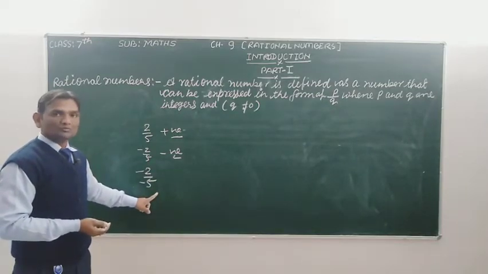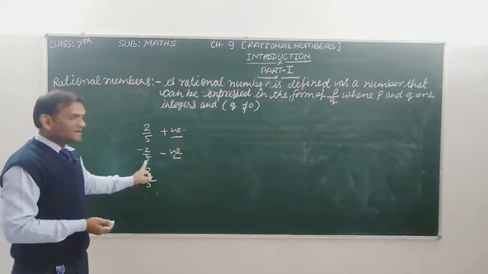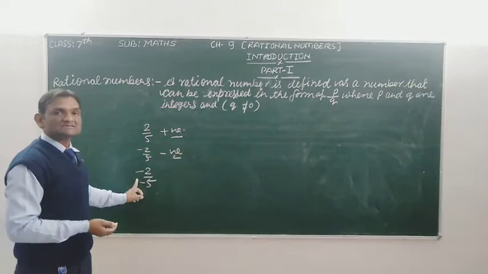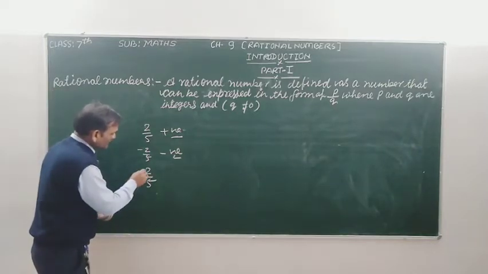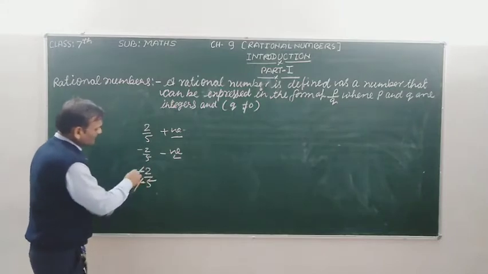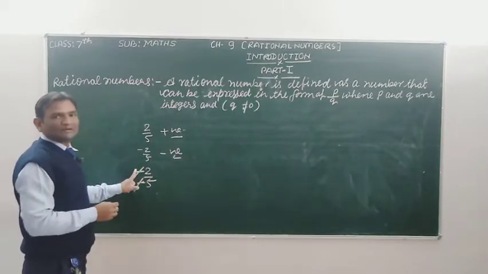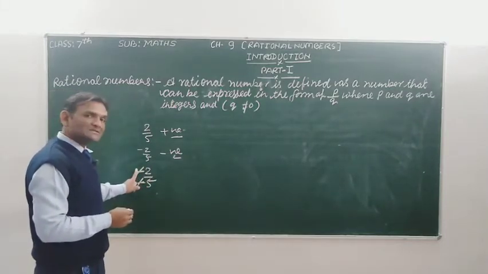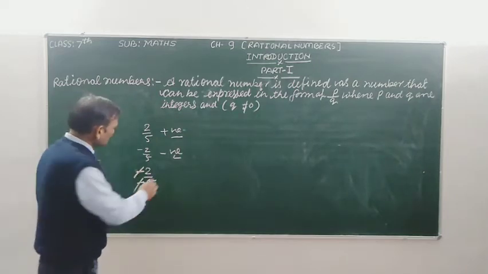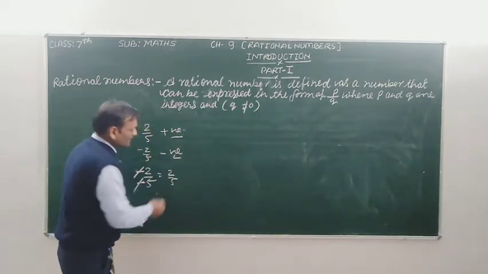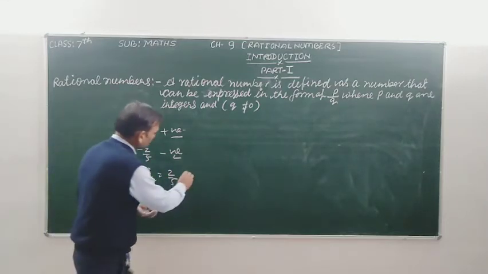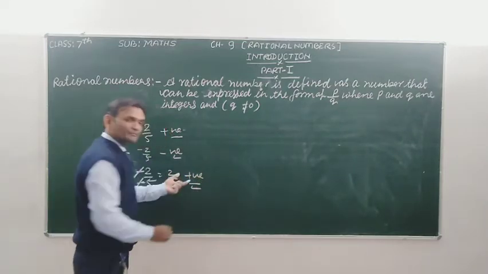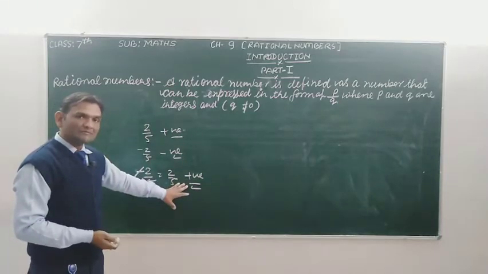I have told you in the division of integers in the integer chapter that you can cancel negative with negative sign. नेगेटिव से नेगेटिव को आप क्या कर सकते हैं? कैंसिल कर सकते हैं. So you will get at last 2 upon 5, and you are seeing here that there is no sign before 2 and 5. So this is a positive rational number, not negative.